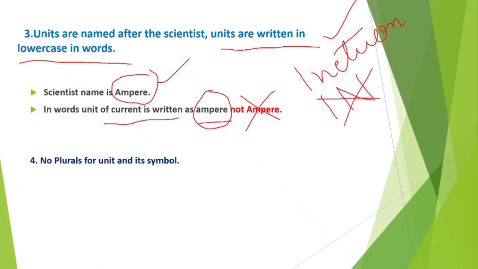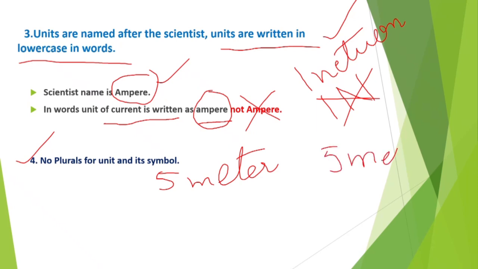Next, no plurals are used in units and their symbols. What it means is that you have not to use any plurals. For example, you always write 5 meter, not 5 meters. Don't use these plurals. One more example: 10 kgs.